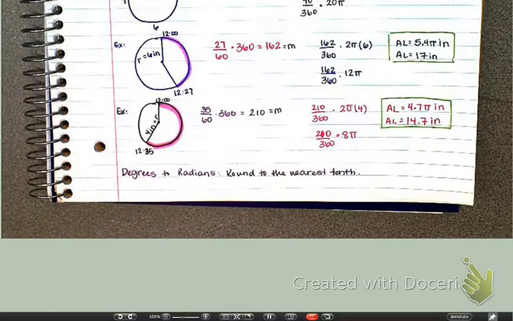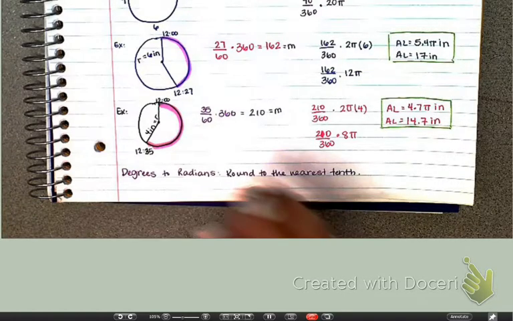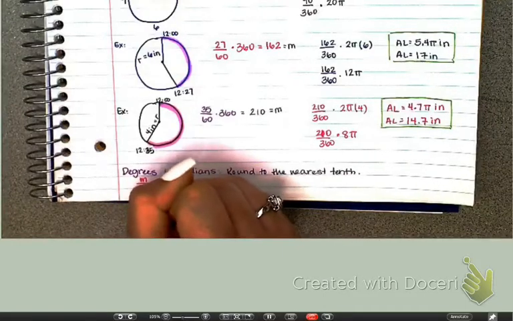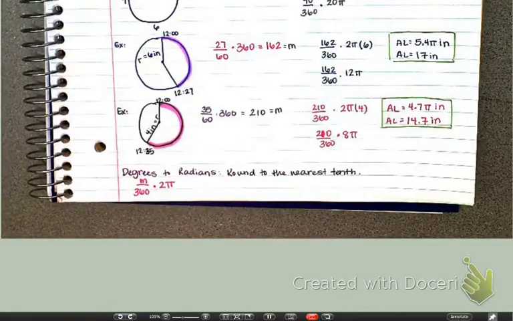That's all we're really going to work in IM2, but we do want to introduce you to a radian, which is another form of measurement, which you'll see more in IM3, and then if you get to pre-calculus, there's kind of a new formula. So it's m over 360 times 2 pi. So we take out the radius. We're literally going to do one problem because we're not going to go a whole lot into this.